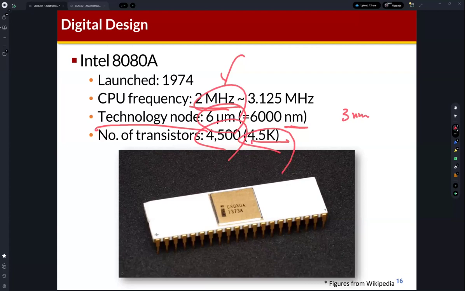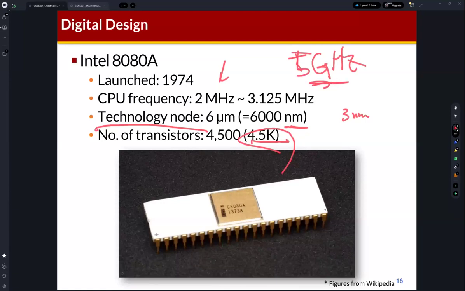But as you can see, the clock frequency of the early CPU is 2 megahertz, and recently the Intel desktop CPU clock frequency can be up to 5 gigahertz. It's a giga.